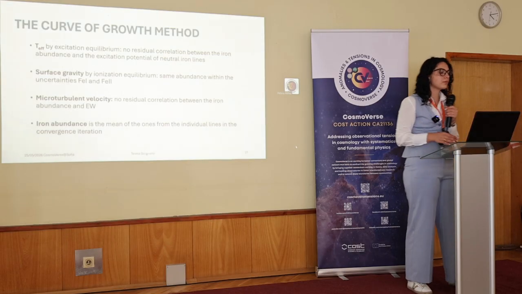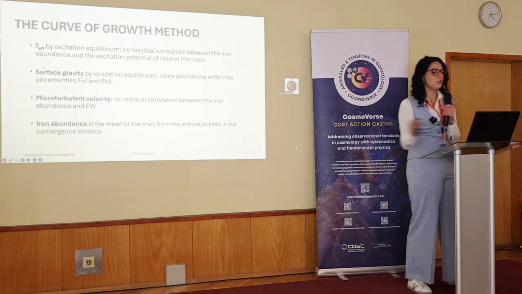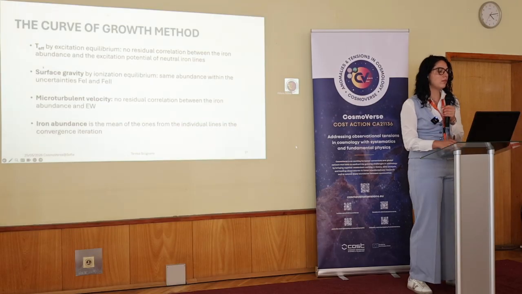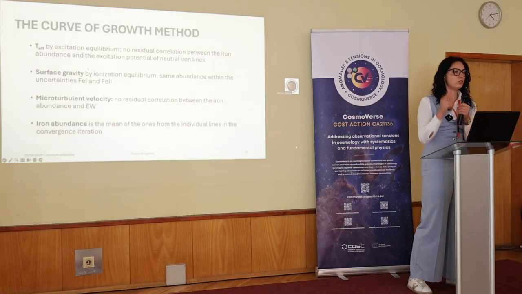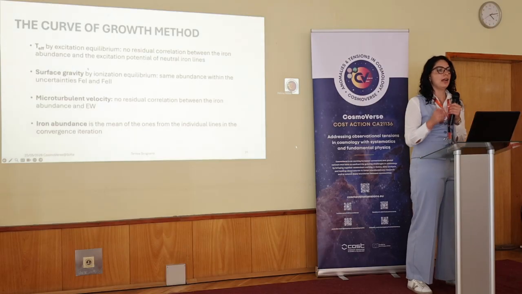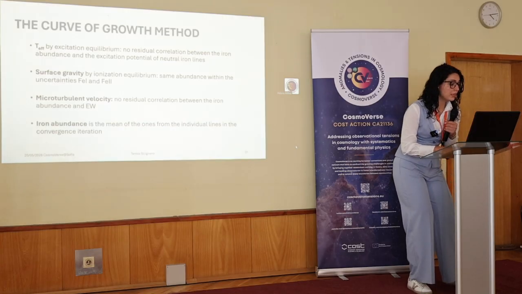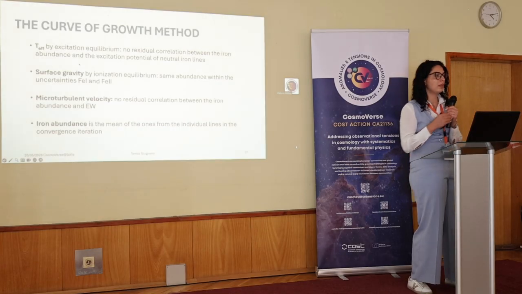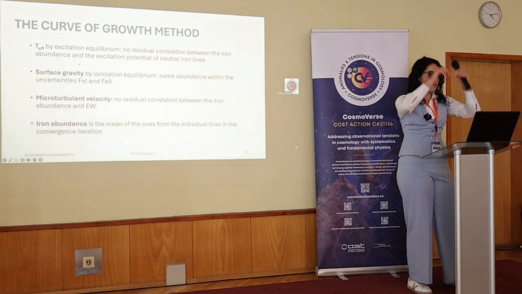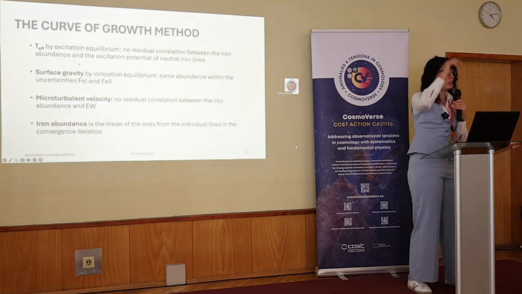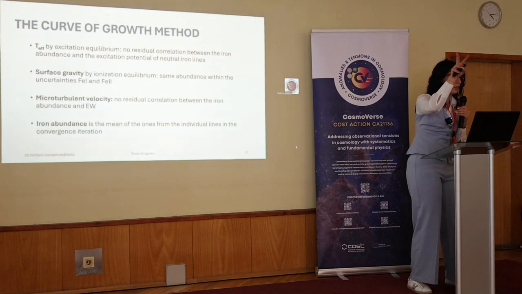And then, in the end, the iron abundance is the mean of each iron abundance coming from each iron line. For this reason, when we have to pick the iron lines, we have to pick lines that have a perfect wing and a continuum that's well measured.